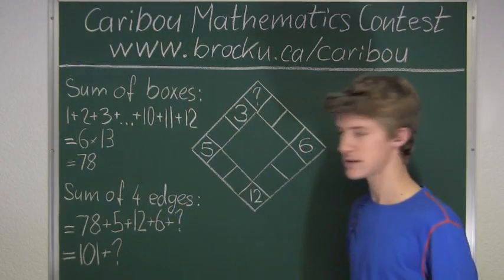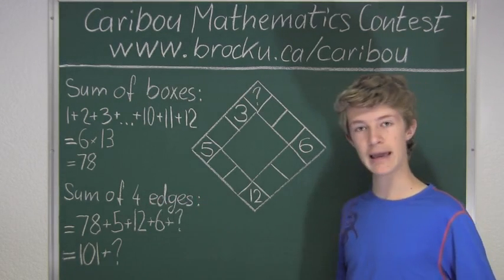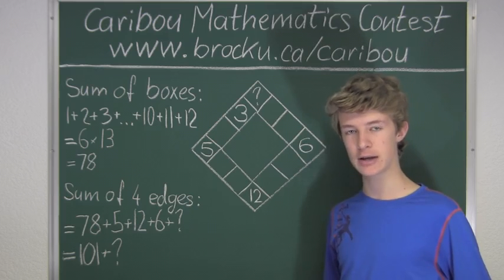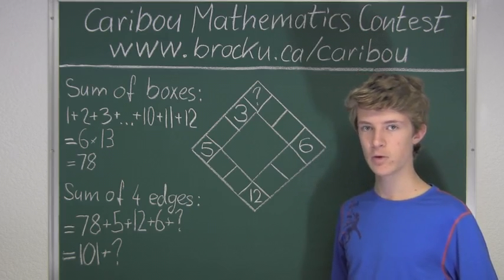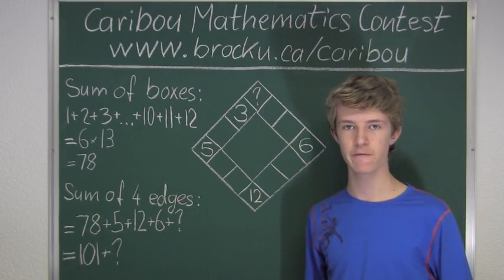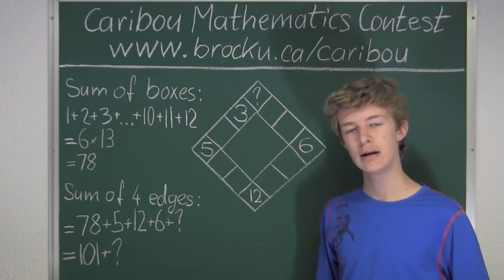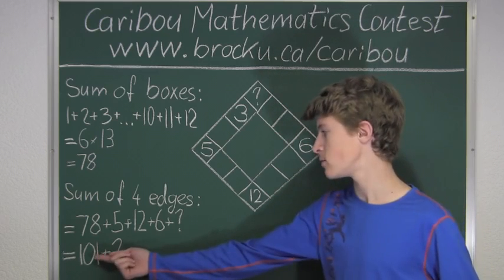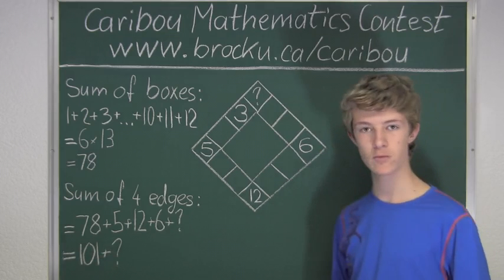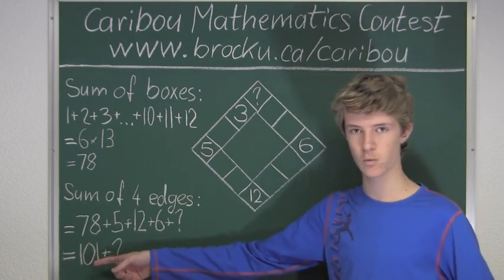Okay, so now since we know that the total of each edge is the same, the whole total of the four edges must be a multiple of 4. So we would look at the next multiple of 4 after 101. The next one would be 104, which is 3 more than 101.